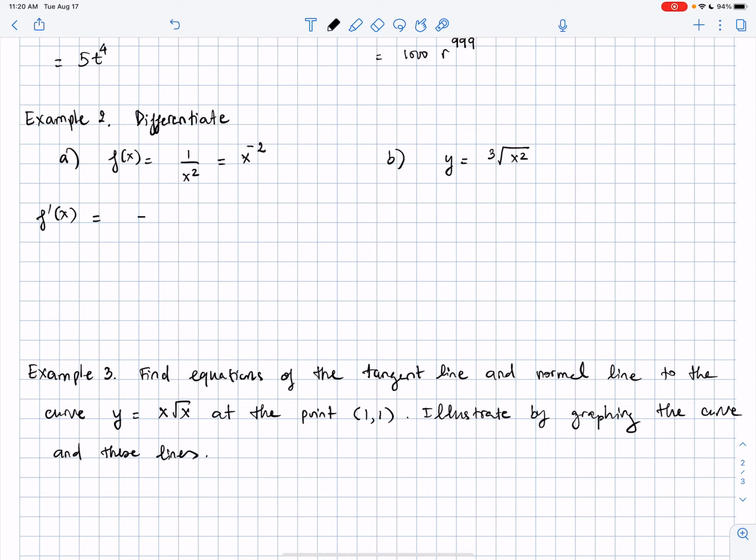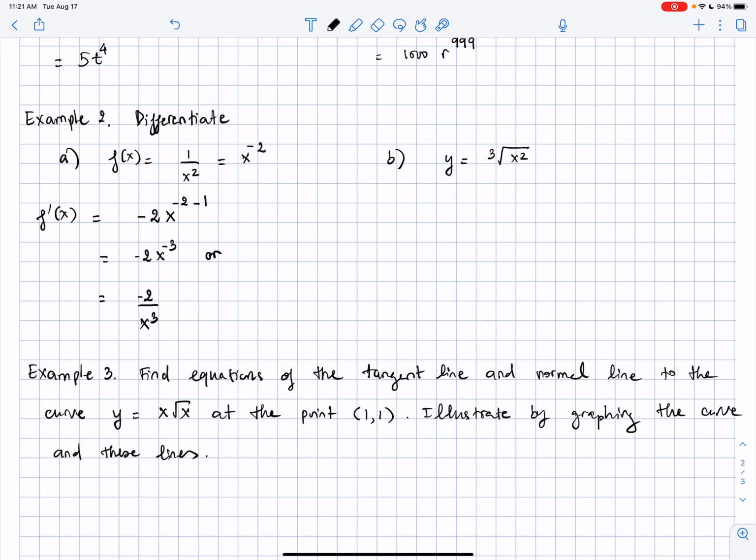The negative 2 moves down, and the exponent of the x decreases 1, so that means minus 1. Then we have negative 2 x to the negative 3. Or if you want to write the exponent in the positive way, you do negative 2 over x to the third power.